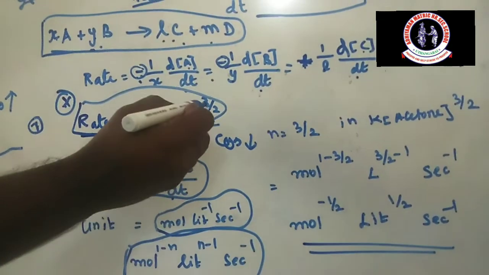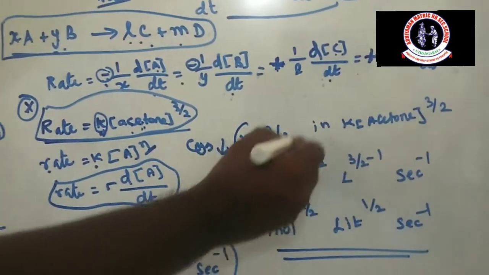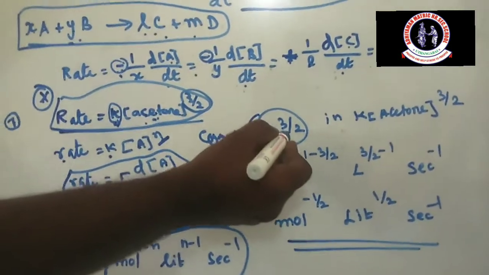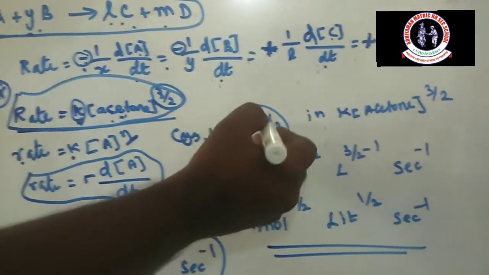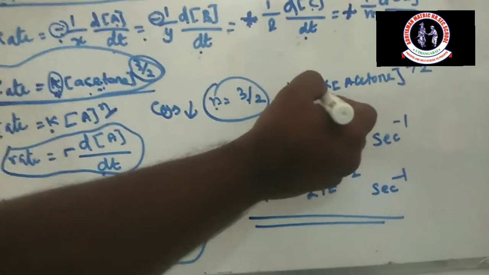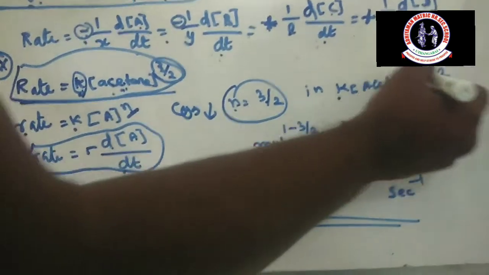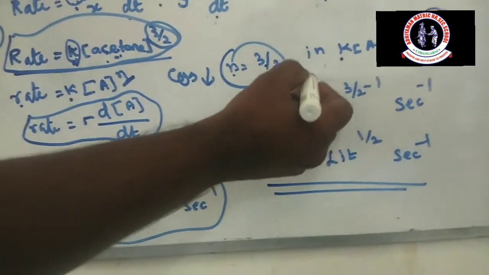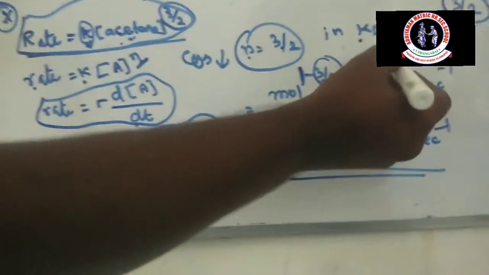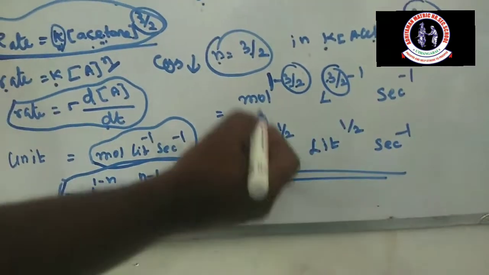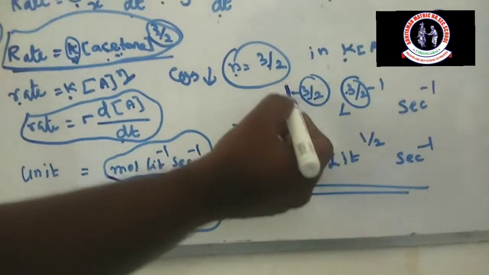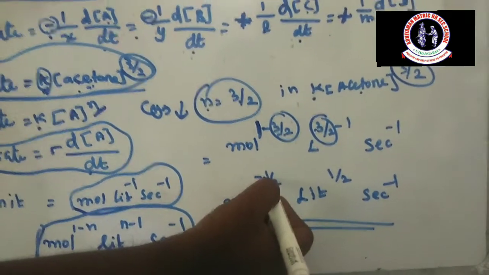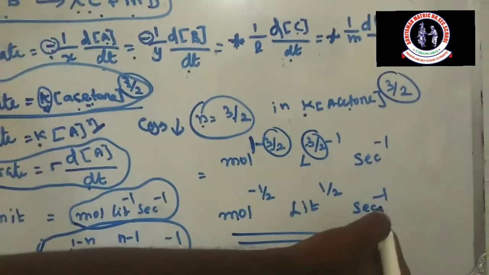Here n is 3 by 2, because for acetone the concentration power is 3 by 2, so rate is K into acetone to the power 3 by 2. Substituting n equal to 3 by 2, 1 minus 3 by 2 means minus 1 by 2. So mole to the power minus 1 by 2, liter to the power 1 by 2, second inverse.